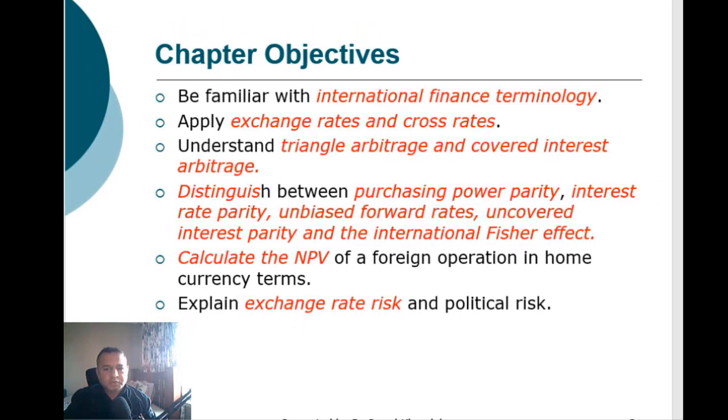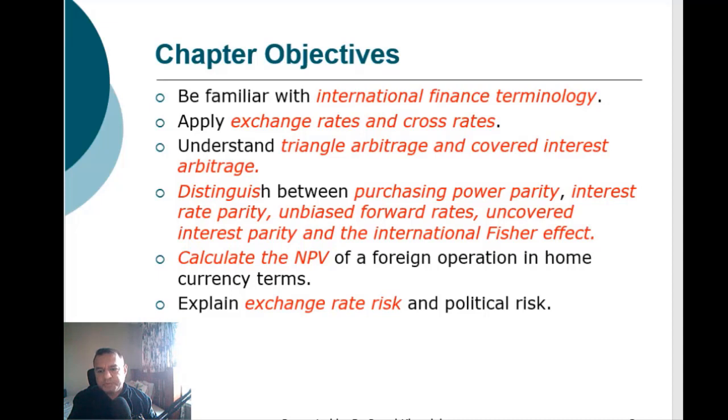So first of all, I'll talk about the chapter overview. The chapter overview includes to be familiar with the international finance terminology, apply exchange rates and cross rates, understand triangular arbitrage and covered interest rate.